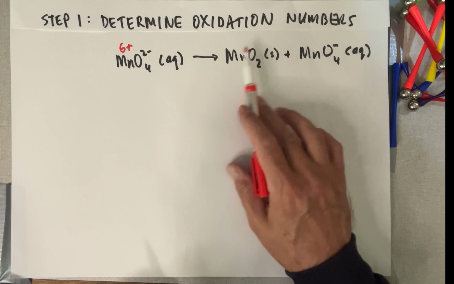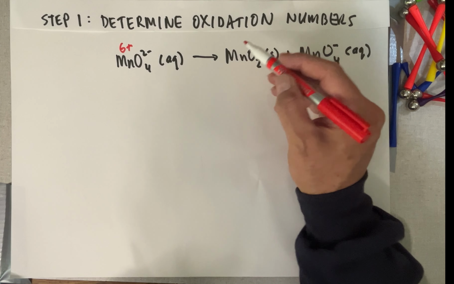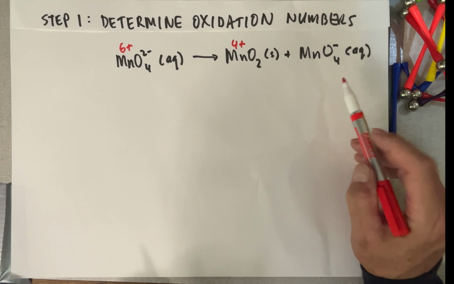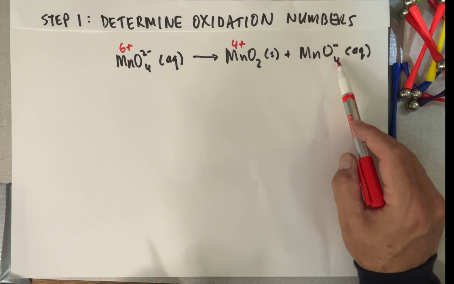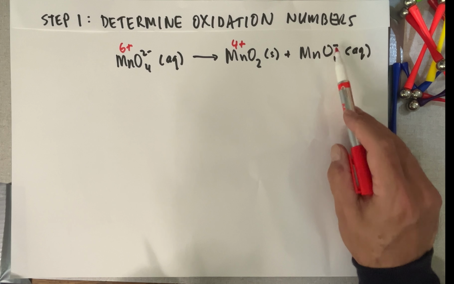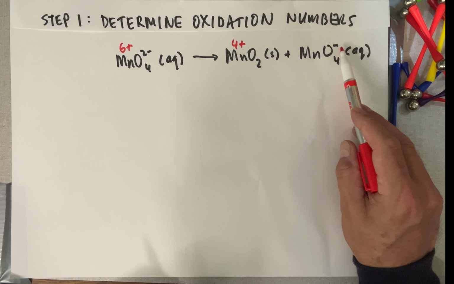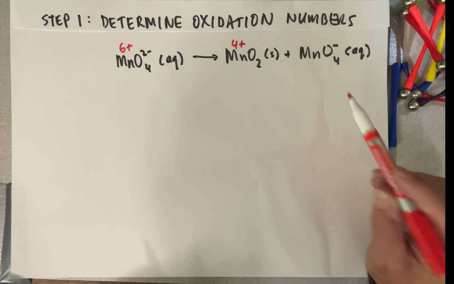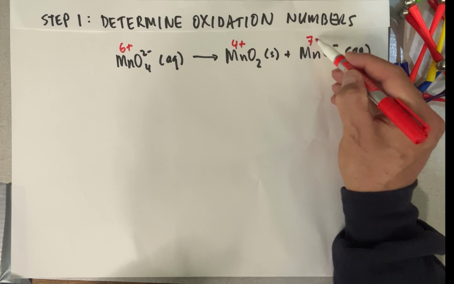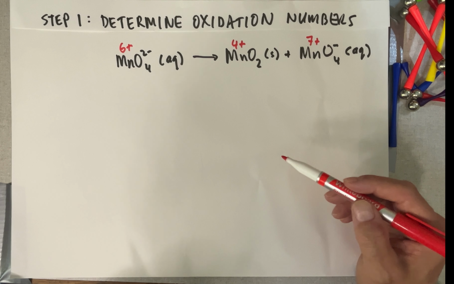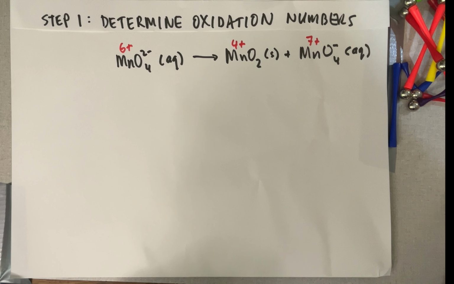To balance that, to give a neutral species, means that the manganese must be 4+. And the permanganate, 4 times -2 is -8, and the total charge must be minus 1 for all the elements involved. So that means the manganese must be 7+, which is a very high oxidation state for a metal to be. Right, so that is then determining the oxidation numbers.